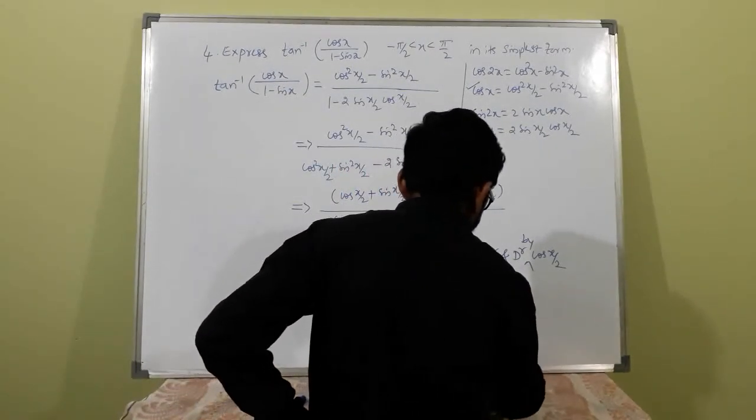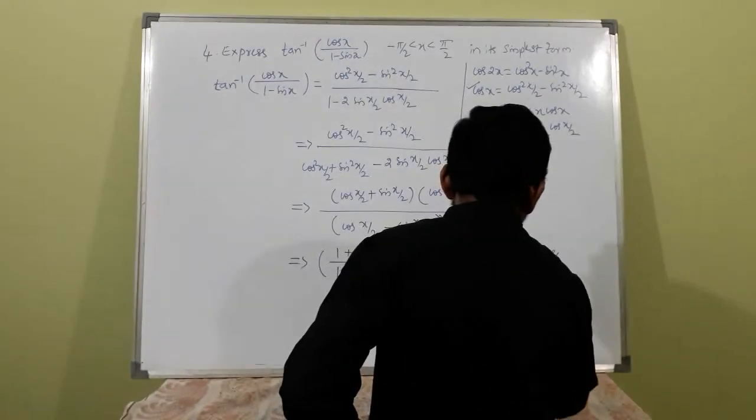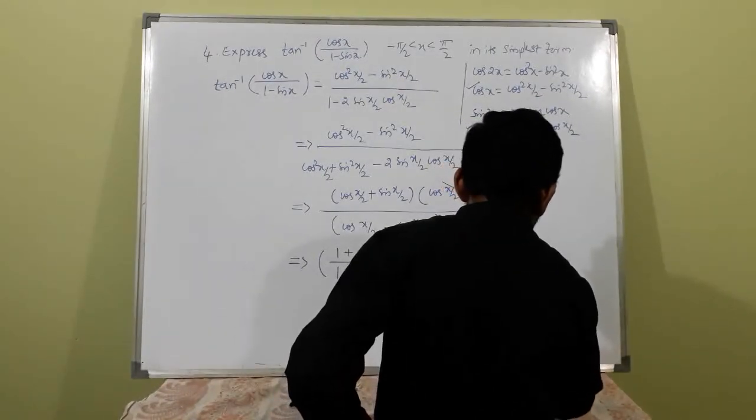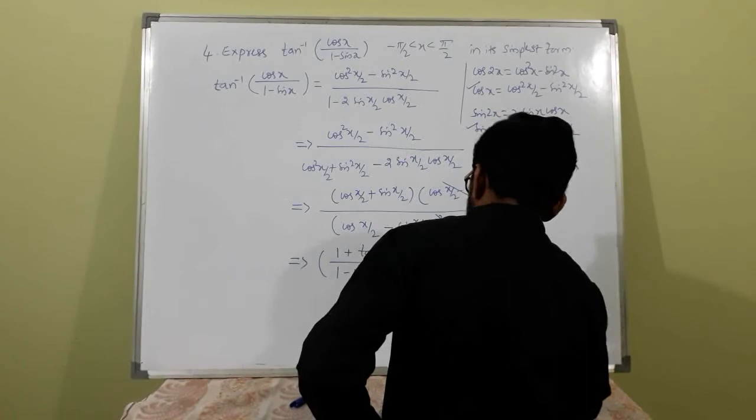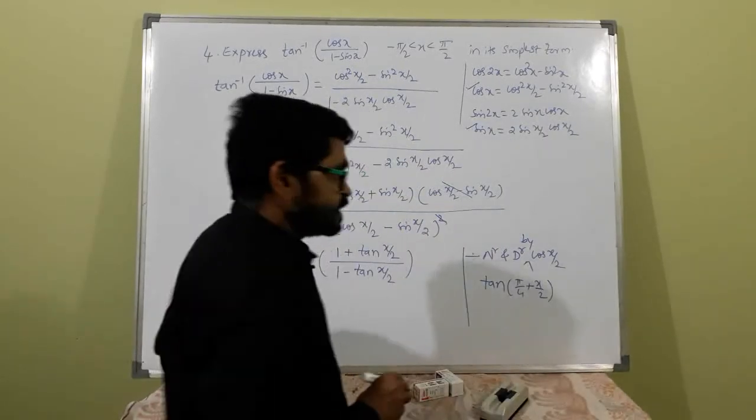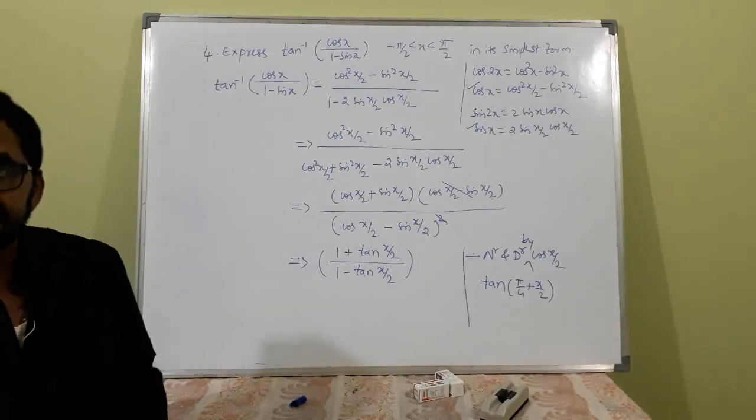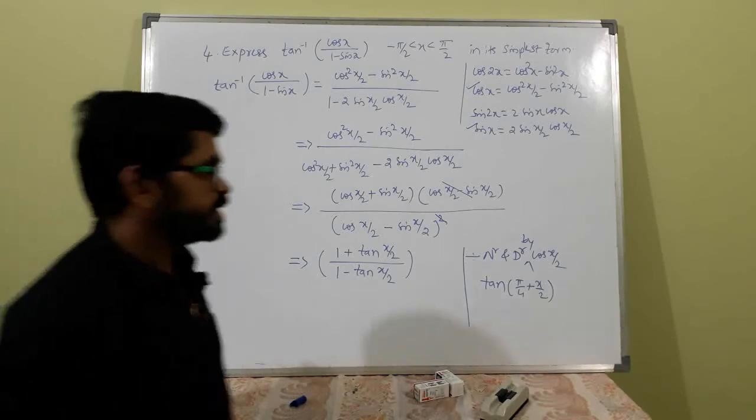tan of a plus b, tan of 5 by 4 plus x by 2? Tan a plus tan b divided by 1 minus tan a tan b.